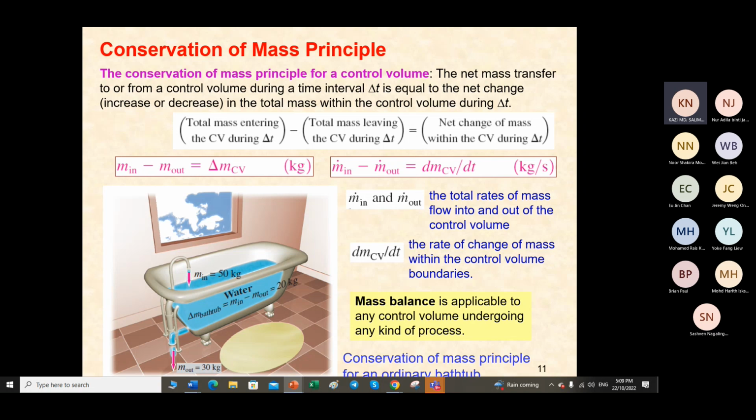It can be represented at the bottom line, m in minus m out is equal to delta m CV, which is equal to dm CV by dt. As an example, if the amount of water coming inside is 50 kg and draining out is 30 kg, then the remaining is 20, which is represented by dm CV by dt.